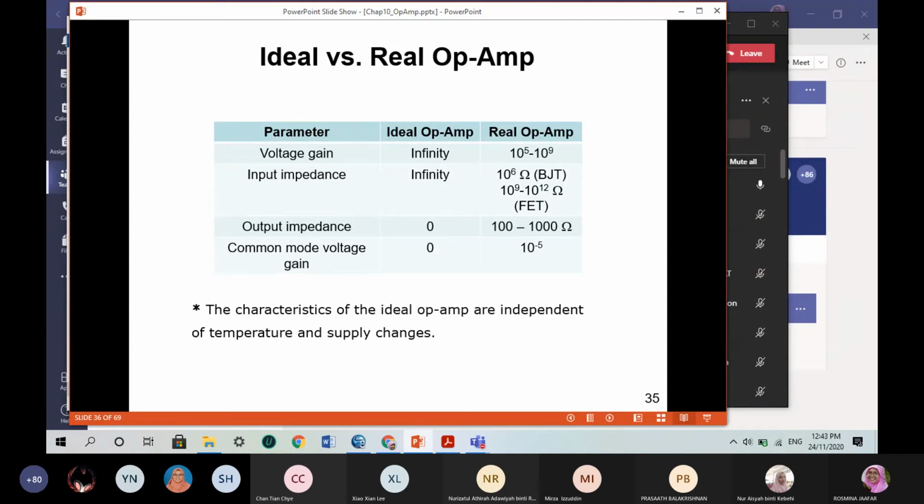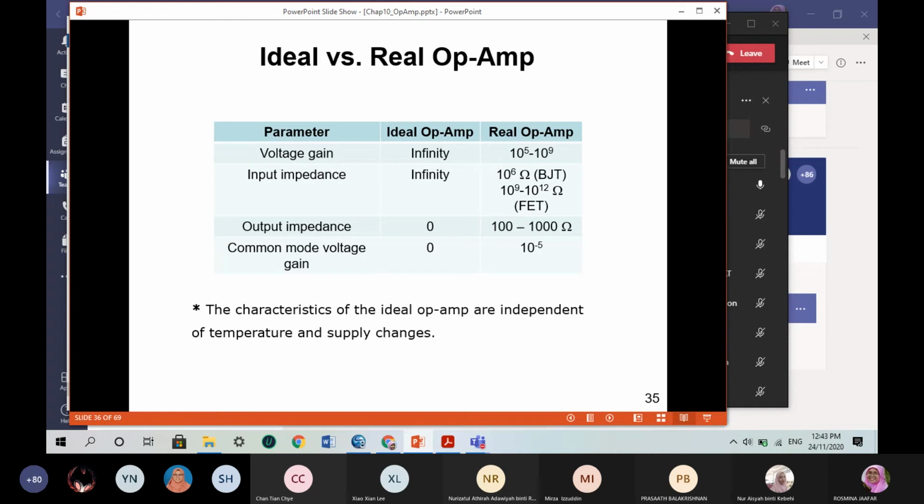You can have other common multi-purpose op-amps. For the input impedance, instead of infinite input impedance, if the amplifier uses purely BJT transistors, the input impedance can be around 10 to the power of 6 ohms, which is around 1 mega ohm.